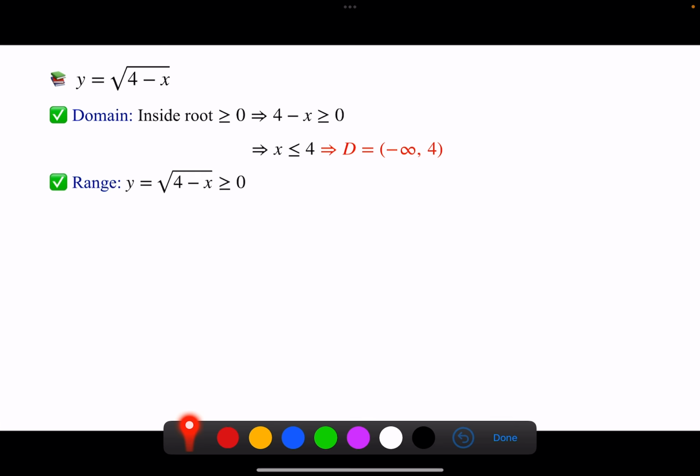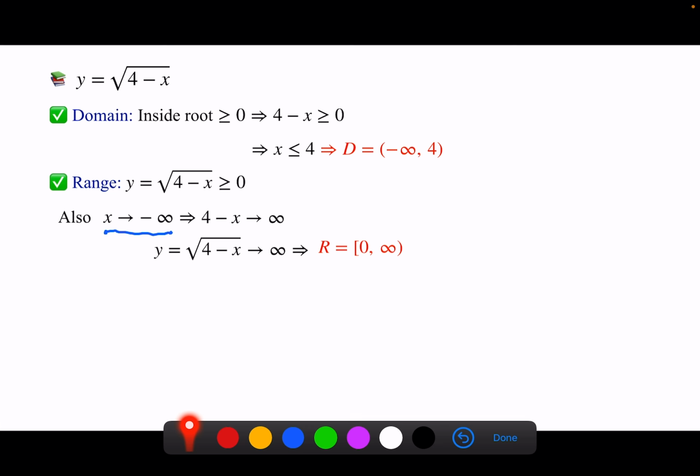Now for the range, we know square root outputs are always non-negative, meaning greater than or equal to 0. So we are getting y greater than or equal to 0. Also, as x goes to minus infinity, what about 4 minus x? 4 minus x tends to infinity. 4 minus x becomes very large.